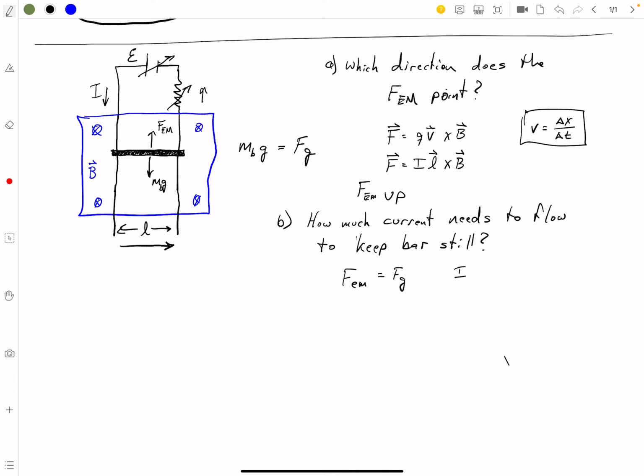So we've got ILB is equal to the mass of the bar times g. And how much current? Well, current then has to equal the mass of the bar times g divided by the length of the bar and our B field. So simple.